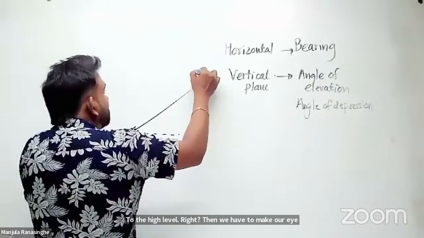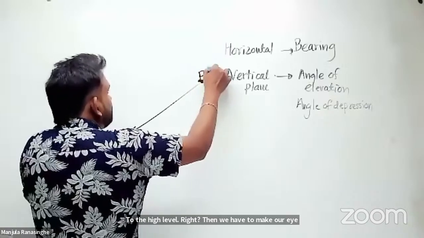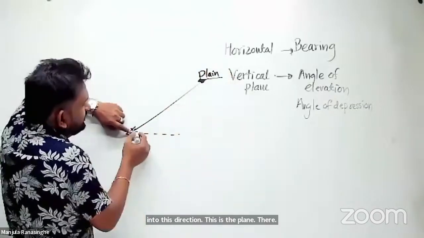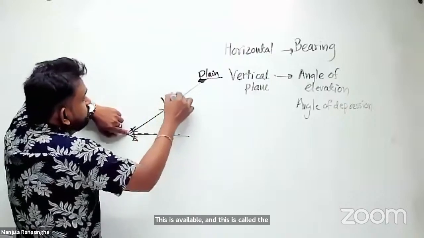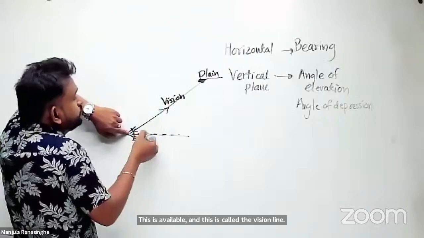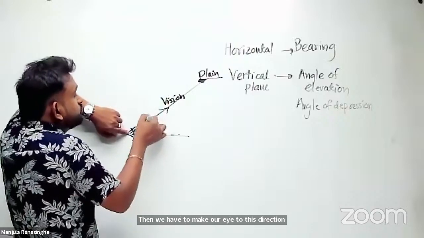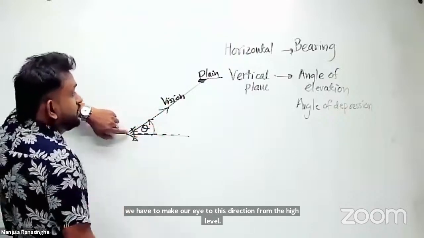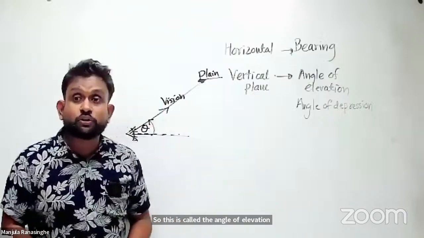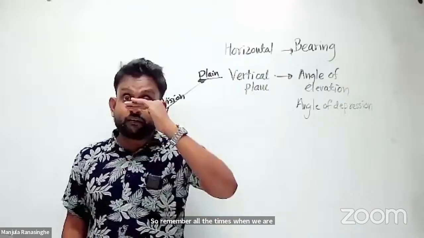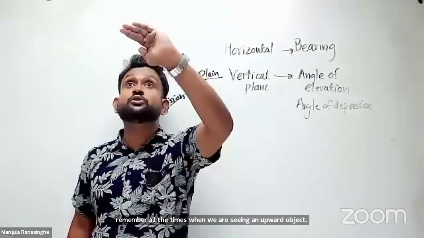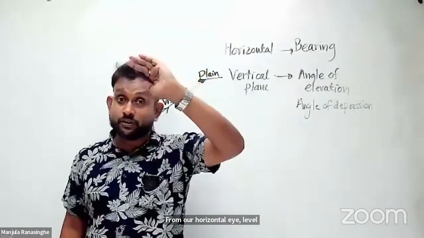This is the eye level and this is called the vision line. So this is called the angle of elevation. Whenever we see an upward object from our horizontal eye level, the angle of elevation is created.